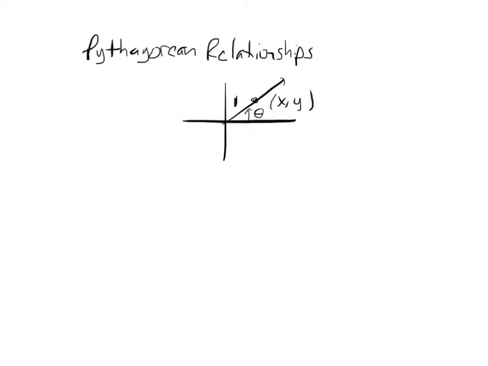Take a look. So let's suppose we have our angle theta here in standard position, and we do have the point x,y on the terminal side, actually on the unit circle. So our radius here, our length here is 1. What do we know? Well, we know by definition the sine of theta is y, and the cosine of theta is x.